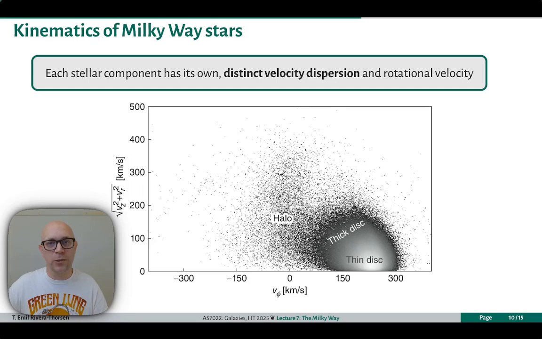And out in the thick disk, we have an in-between population, which has almost as high rotational velocity as the thin disk, and also a good deal larger velocity dispersion than the thin disk itself does.